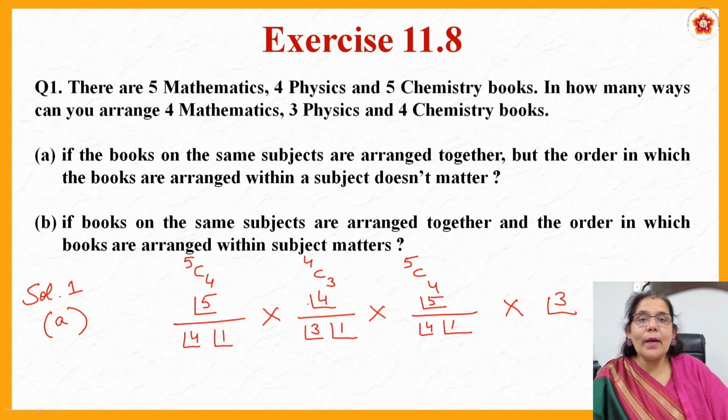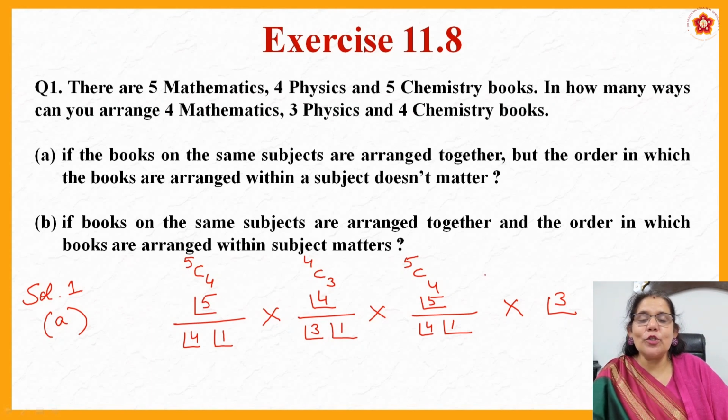I'll repeat what I am trying to say. What have we done? We have first chosen the number of books. We had to choose 4 maths books out of 5, 3 physics books out of 4, and 4 chemistry books out of 5. Now in part 1, it very clearly specifies that the books on the same subjects are arranged together.